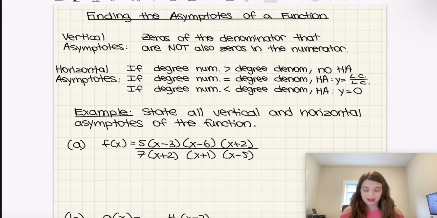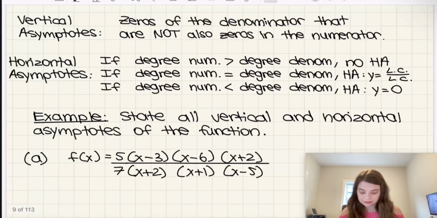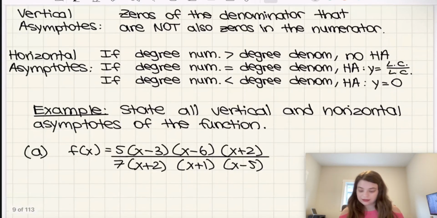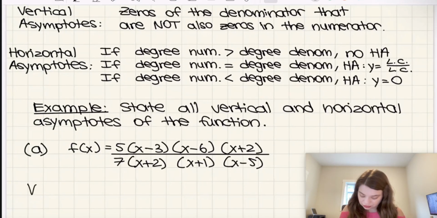Okay, so let's apply this knowledge to state all of the asymptotes here. Let's start with the vertical asymptotes. The potential vertical asymptotes based on the denominator here would be x equals -2, x equals -1, and x equals 5. But we do have to check, are there any of these factors that would cancel out?